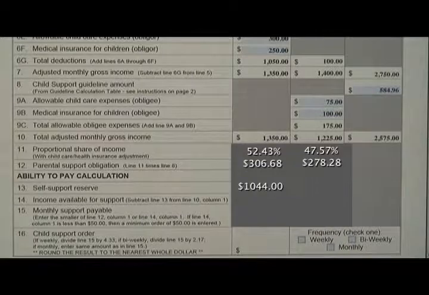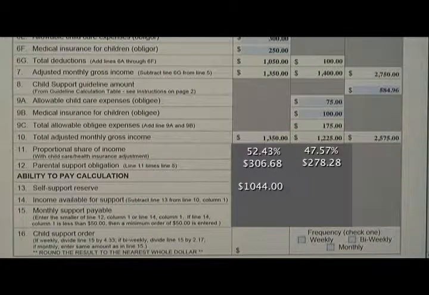We have already determined in line 12 that the obligor, John, must pay $306.68 to the obligee, Jane. However, we must use the self-support reserve and his adjusted monthly gross income to determine if John in fact has enough money to pay that $306 without going below the state's determined line of poverty, which is $1,044.